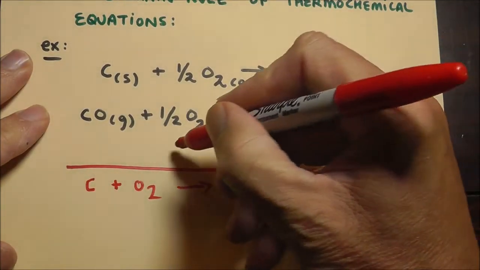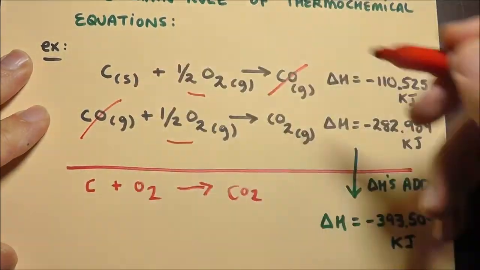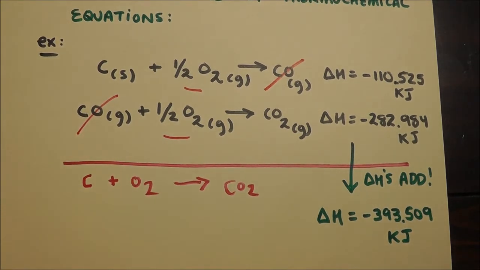And you'll notice that these oxygens added, that carbon monoxide canceled. So it's very much like what you could do with algebraic problems, in that what you do to the equation you have to do to the delta H. So I added these 2 reactions together, and the delta H can be added together.